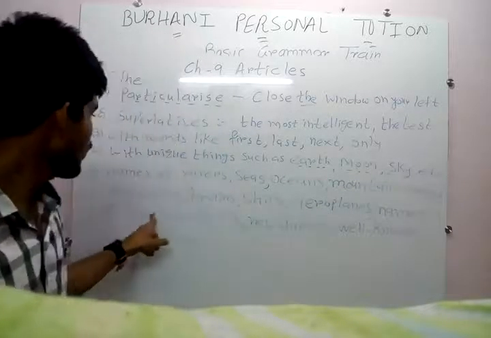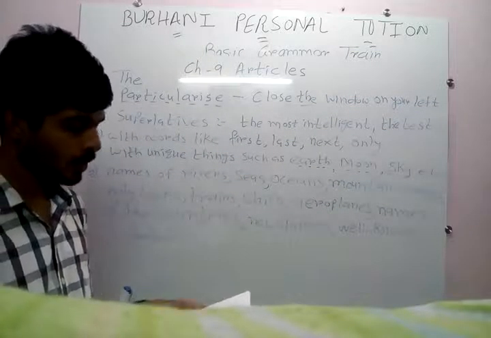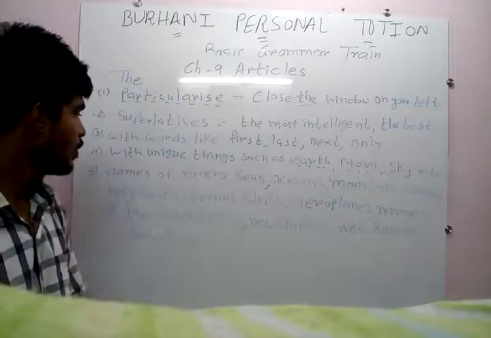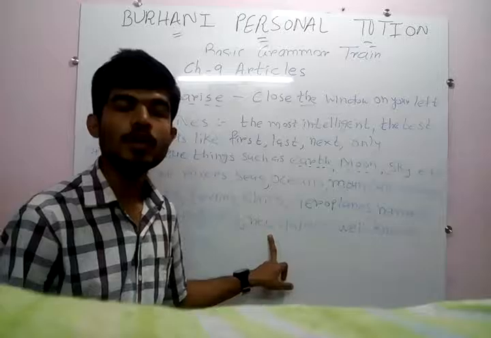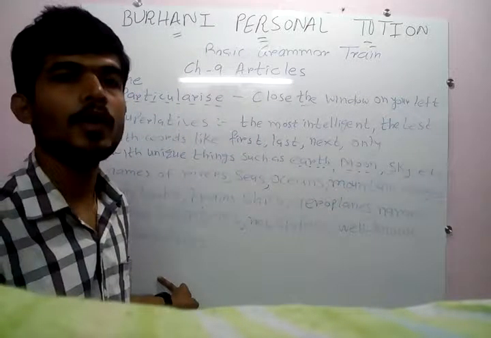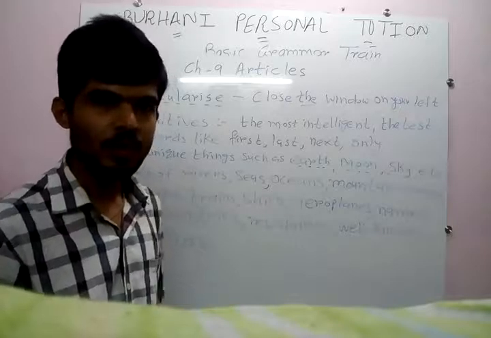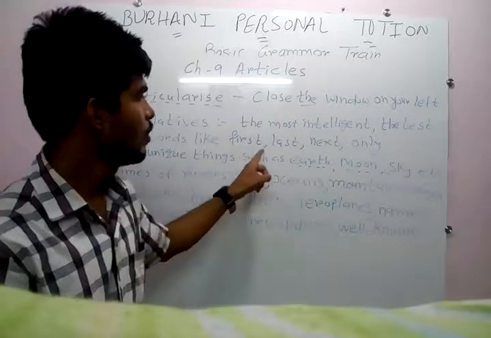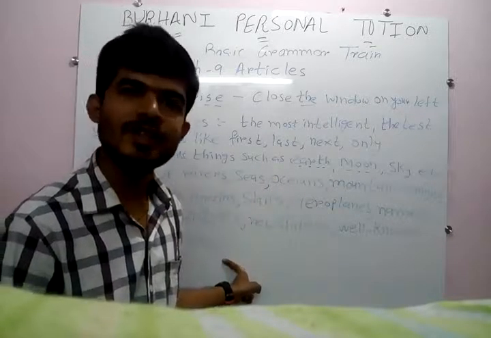The names of countries which include a common noun: the UK and the USA. Then the name of a newspaper: the Divya Bhaskar, the Gujarat Samachar; a well-known building, for example, the Burj Khalifa. So the is used before the name of the given thing.